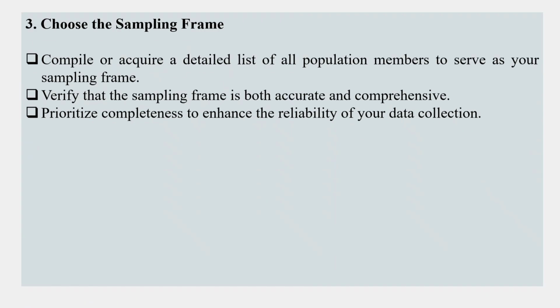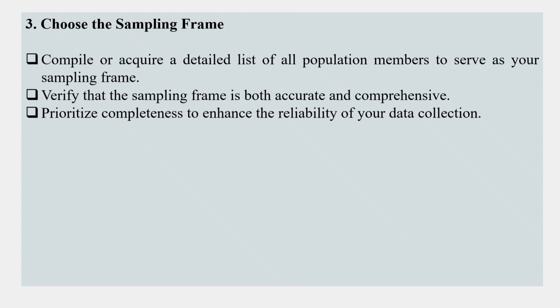The third step is choosing the sampling frame. Here, you have to create or obtain a list, which is a detailed and up-to-date list of all the members of your defined target population. This becomes your sampling frame.